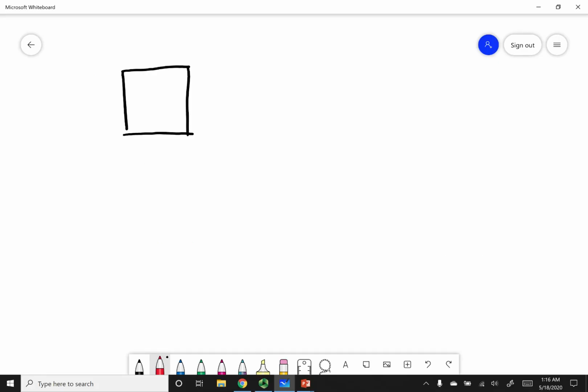The first thing I'm going to do is draw my repeating cell. So I'm going to start with the cell, and I'm going to draw the contents of that cell. So here's the cell that you see in choice C. Now I'm going to go ahead and duplicate that cell. So what I have is a red in the top corner and a red on the bottom corner. I have a blue on this bottom corner and a blue in this top corner.